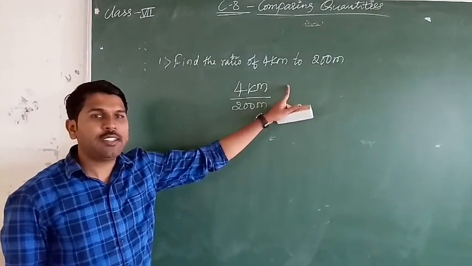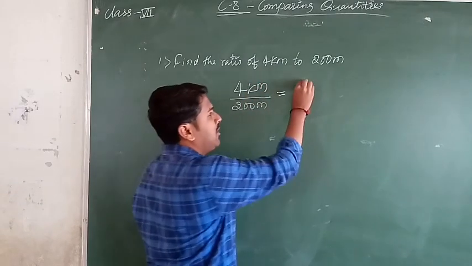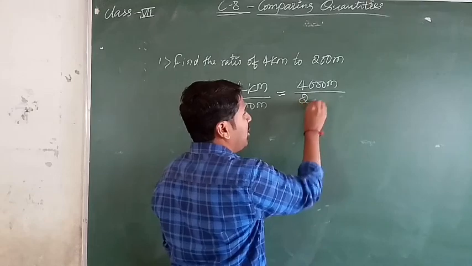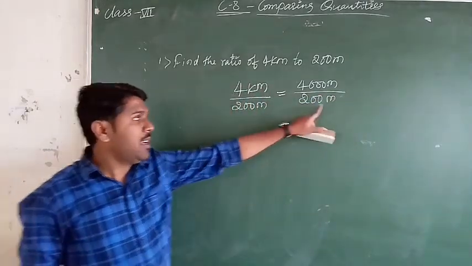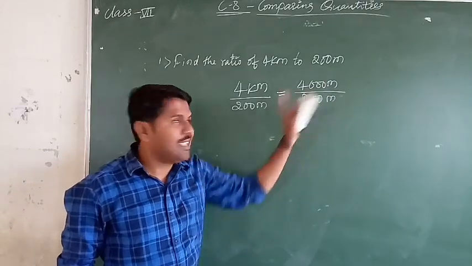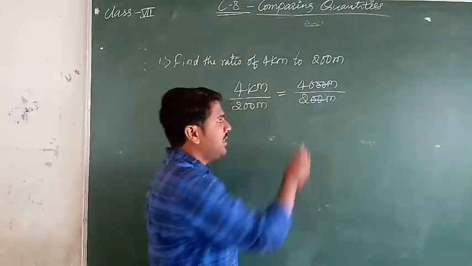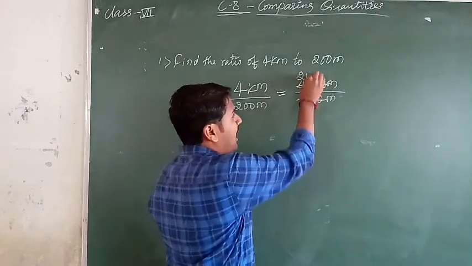So first convert this kilometer to meter. 4 kilometer means 4000 meter, and this one is 200 meter. Both are in meter, then only you can cancel it. Here 20 gets cancelled: 2 ones are 2, 2 twos are 4, and 0 as is.